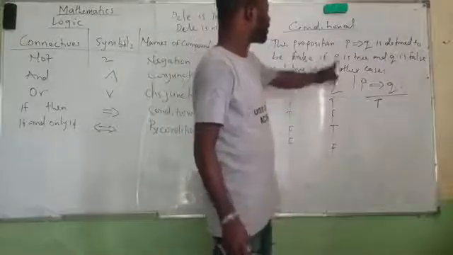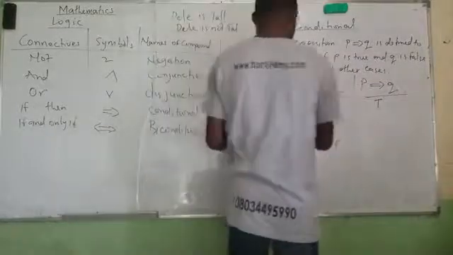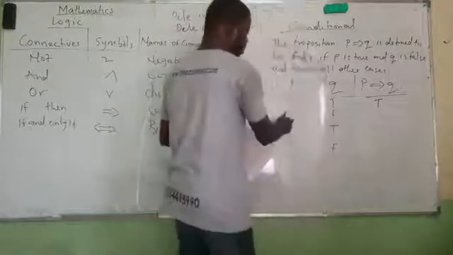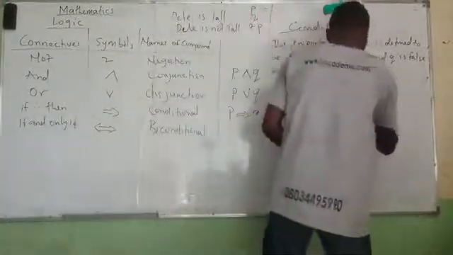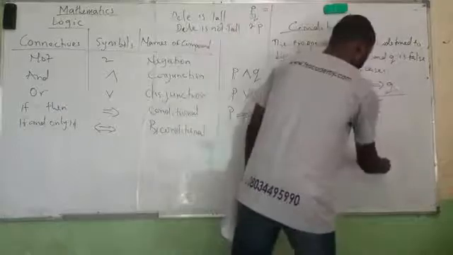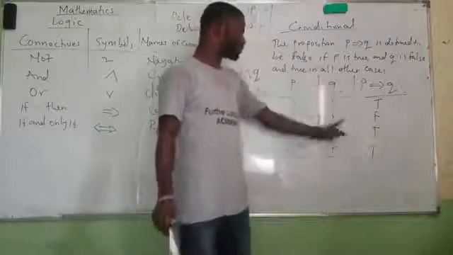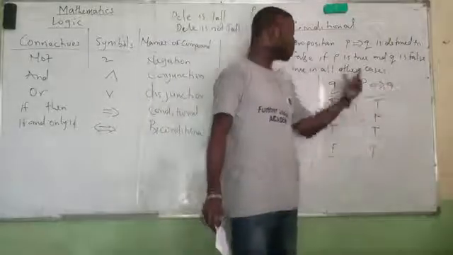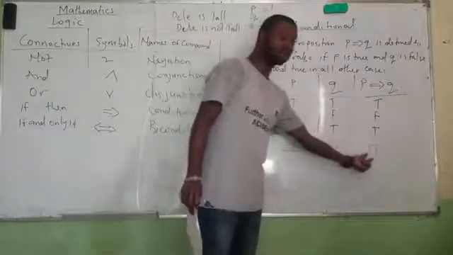If P is true and Q is true, then it is true. P is true and this one is false, it will be false. False, true, it will be true. If both are false, it will be true. True, false, it will be false. False, true, it will be true. This is what you are resting upon. The only thing that will change it is true, false, which will give you false.